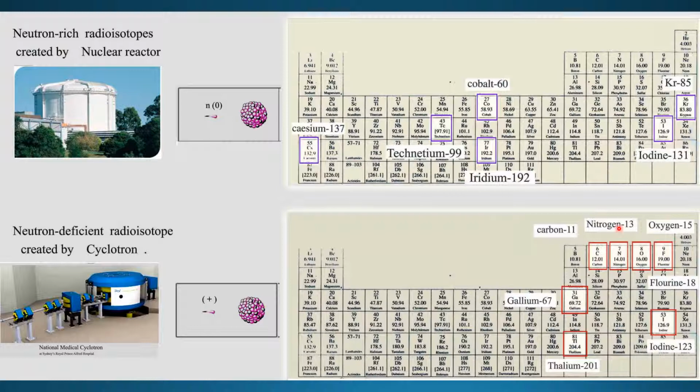You only got nitrogen 13, too few neutrons. Oxygen should be 16, stable. You only got oxygen 15, unstable. Iodine should be 127, stable. You got 123, too few neutrons. So now they're making two different types of radioactive isotope by two different machines.